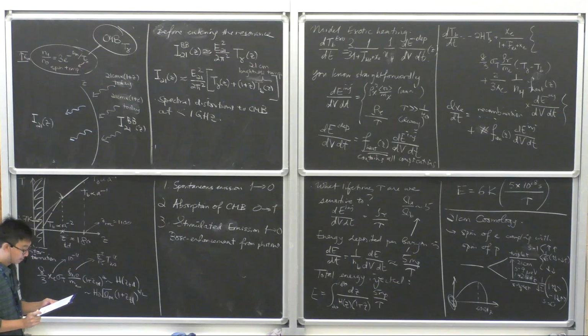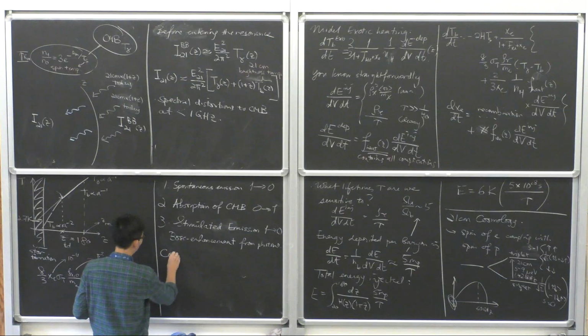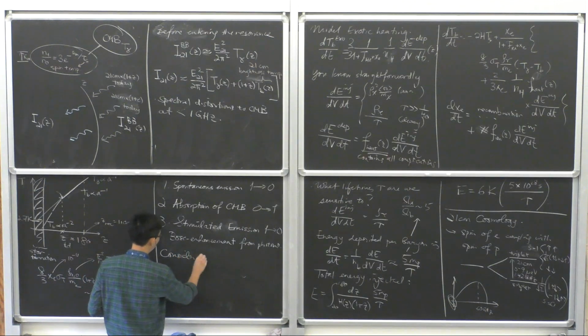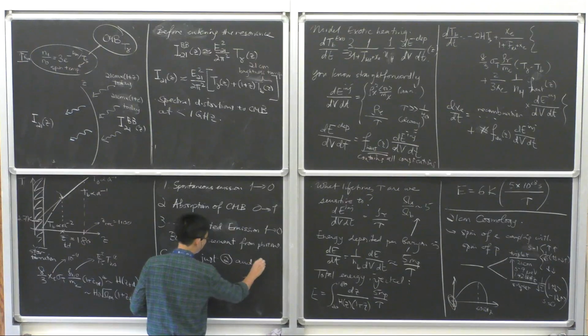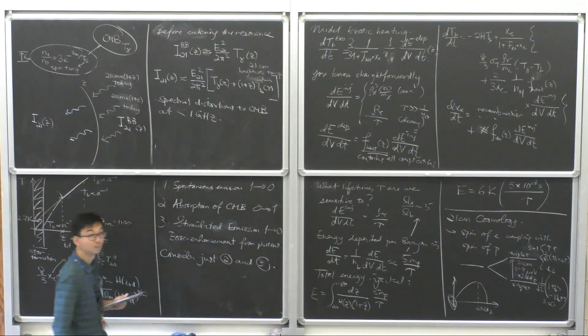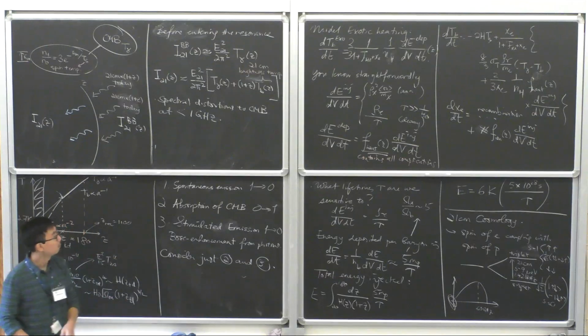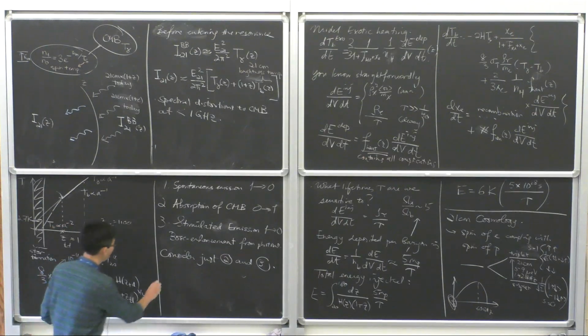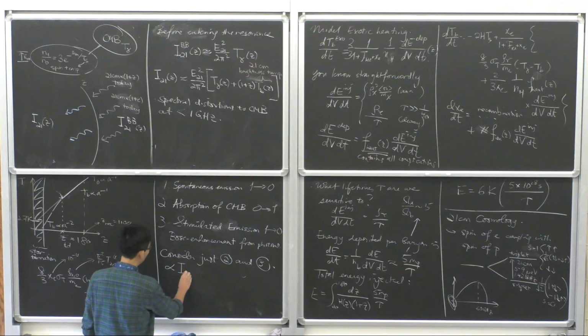But the first thing to do is to consider just 2 and 3 first. Okay, if we consider just 2 and 3 first, then what you realize, of course, is that everything must be proportional to the incoming, what did I call it? I21 BB.